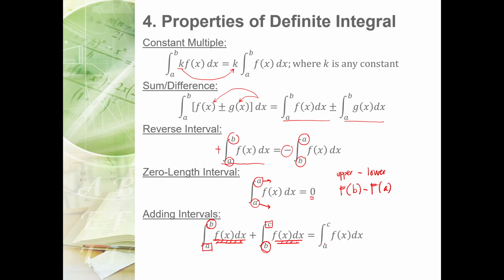Of course, the properties that are presented on your screen are reversible, so you can convert the left side to the right side, or you can convert the right side to the left side, depending on the need that you're going to have in the simplification process. So those are the properties of your definite integral.